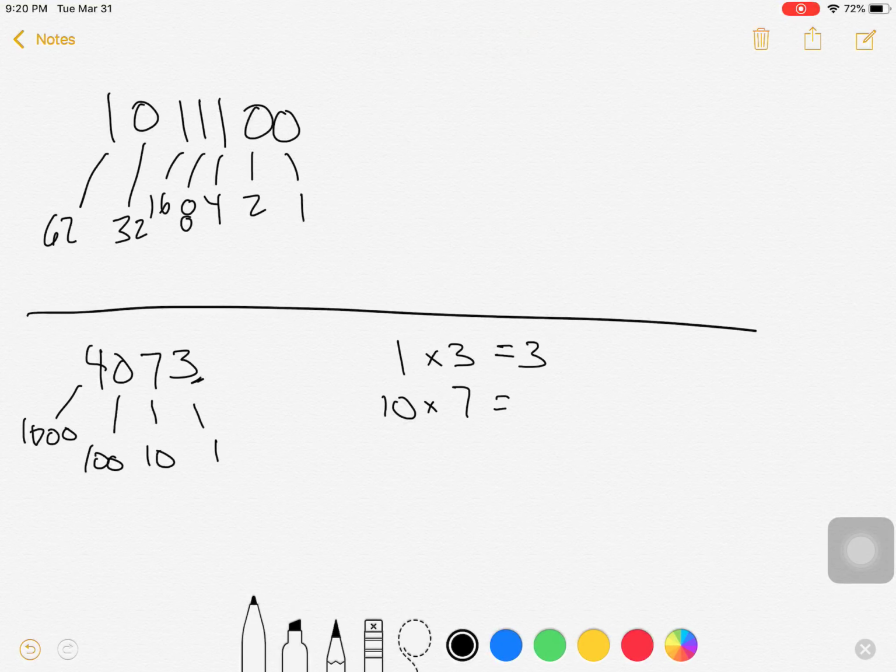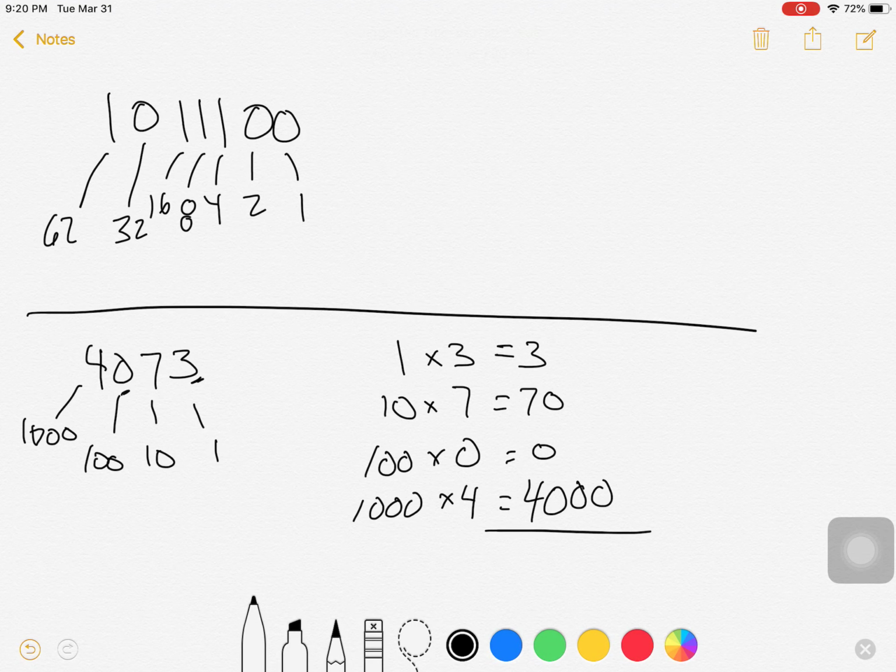I have 7 of them. How many hundreds do I have? Well, we have 0 of them. And how many thousands do I have? I have 4 of them. And we add that up, we get 4073.